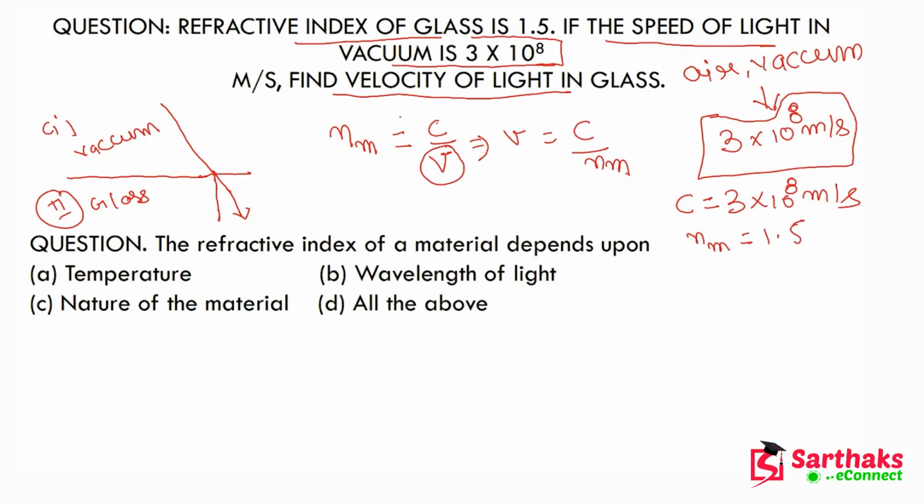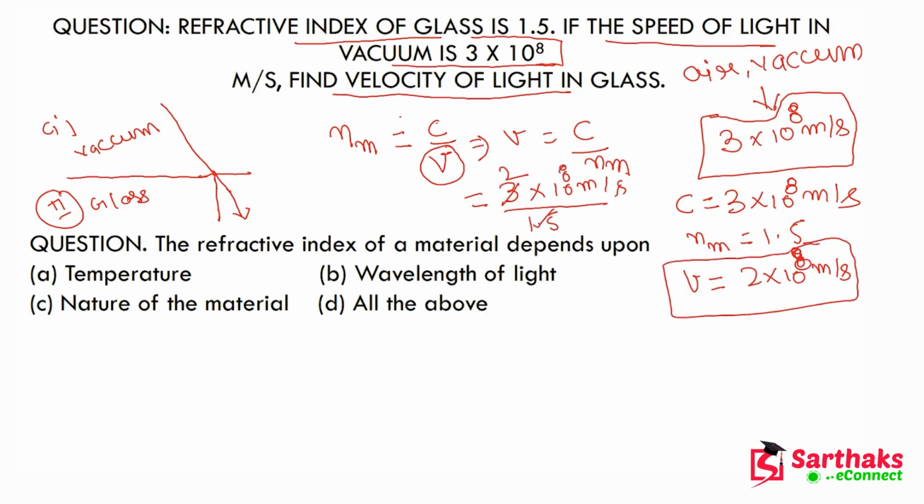So we will simply put these values in the formula and get our answer. 3 into 10 to the power 8 meter per second upon n m, the value of n m is 1.5. So it will be 3 by 1.5, which is 2 times. So the answer is 2 into 10 to the power 8 meter per second. Okay, this is the answer of this question.